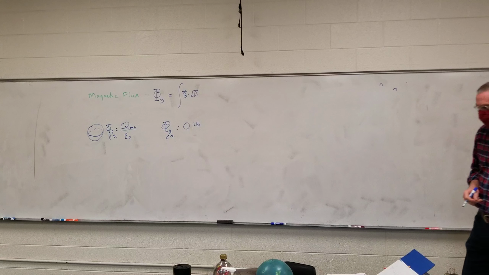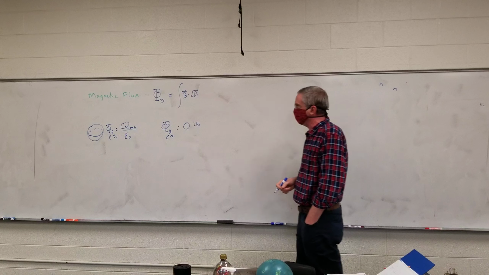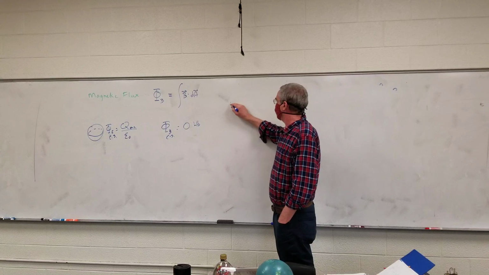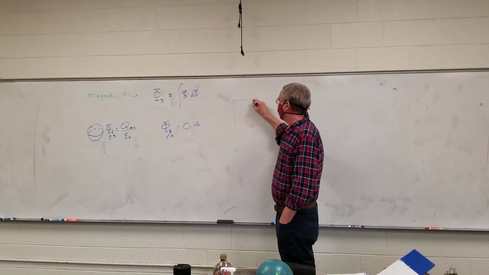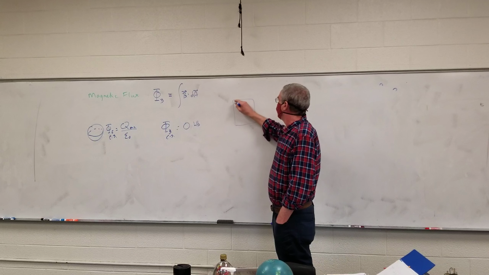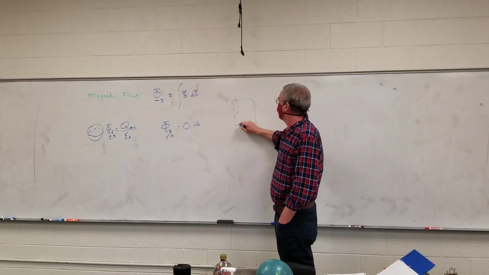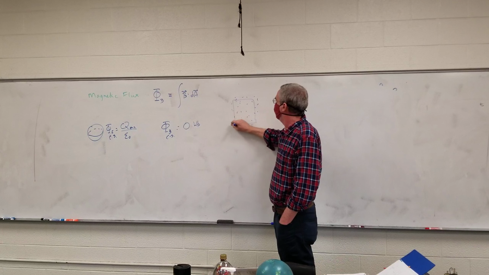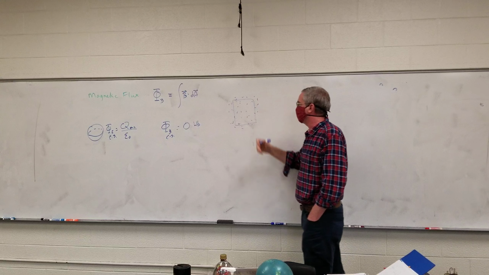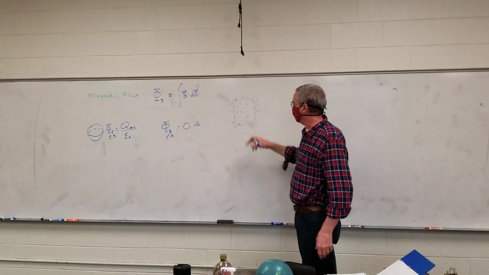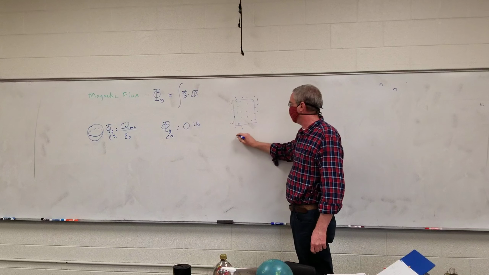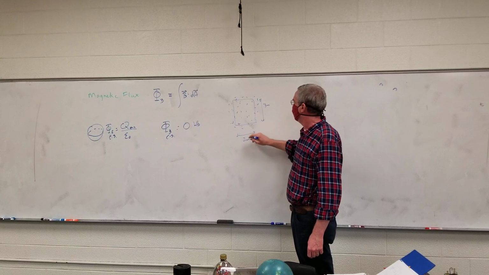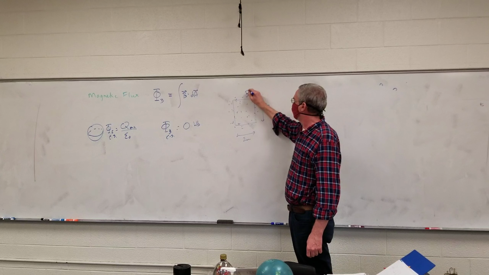Something of actually more importance to us is the magnetic flux through an open surface. So why don't we go through an example there? Let's start out with a simple example, and then we'll get to the more complex one. I have some sort of area here. Arbitrarily, let's make it 2 meters by 3 meters and a magnetic field of 5 Tesla.